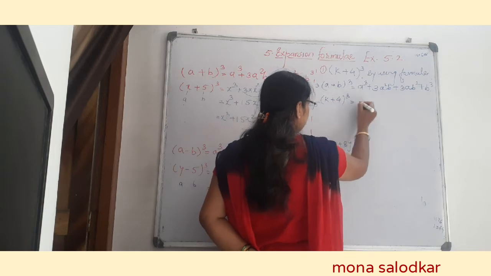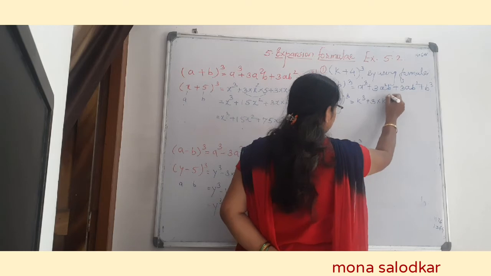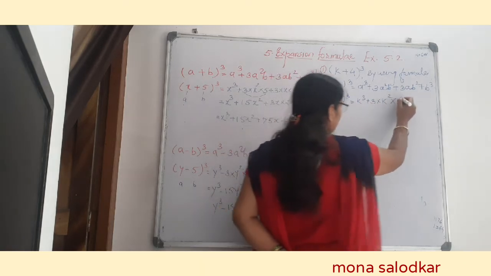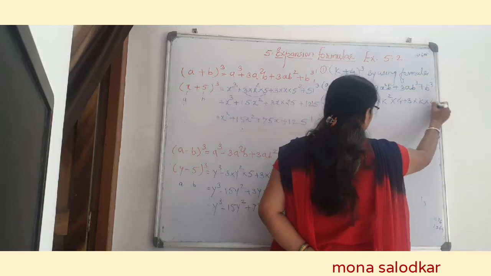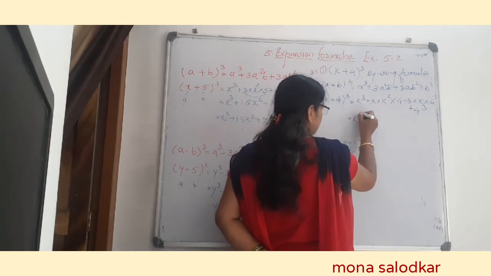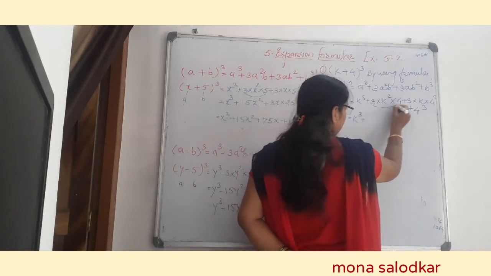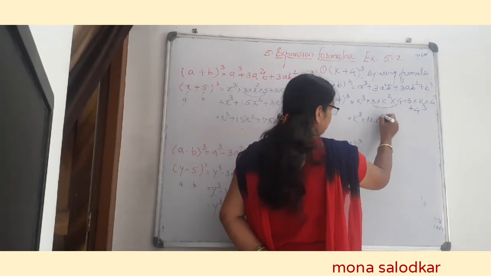Now a means k. So k cube plus 3 into a square means k square, b is 4, plus 3 into k, b square is 4 square, and the last term 4 cube. Now see here, what is the next step? k cube. Now multiply the numericals first. 3 4s are 12k square.